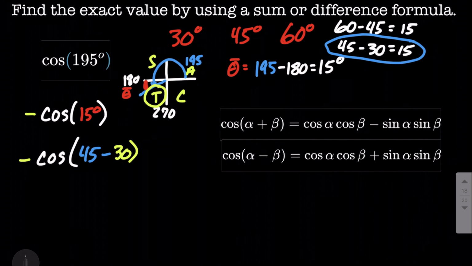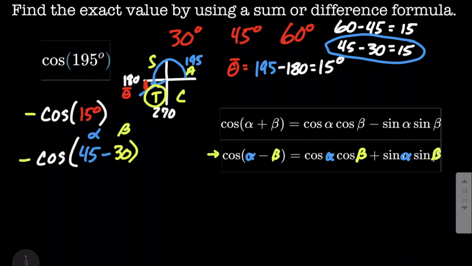Why I'm doing this is I want it to fit into this difference formula at the bottom here. Wherever I see an alpha in our formula, it's going to match up, and we're going to replace each one of those with a 45. And in our formula, beta is going to correspond with 30. So wherever we see a beta in our formula, we're going to replace that with a 30.